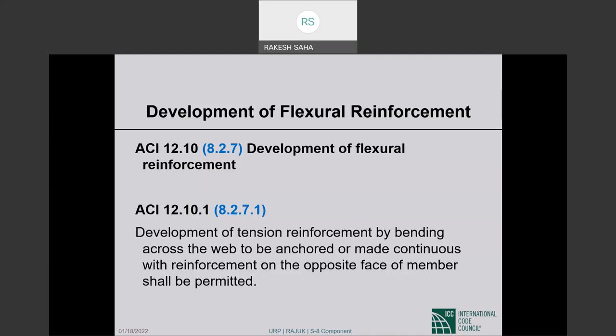Yeah, okay. So development of flexural reinforcement: development of tension reinforcement by bending across the web to be anchored or made continuous with reinforcement on the opposite face of the member shall be permitted.